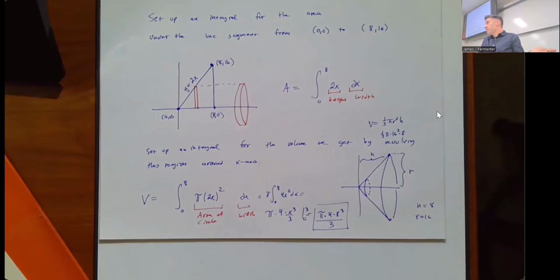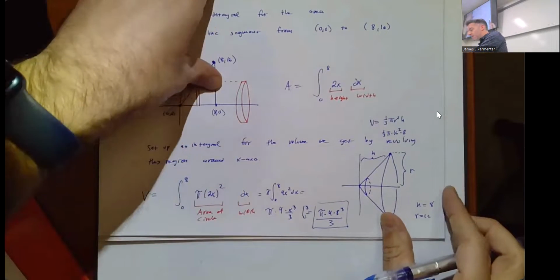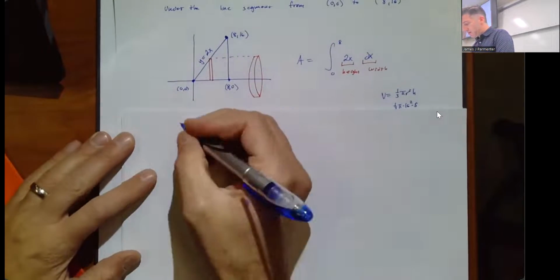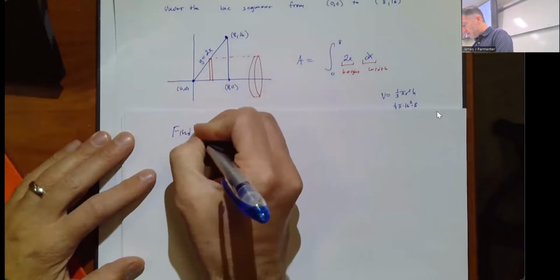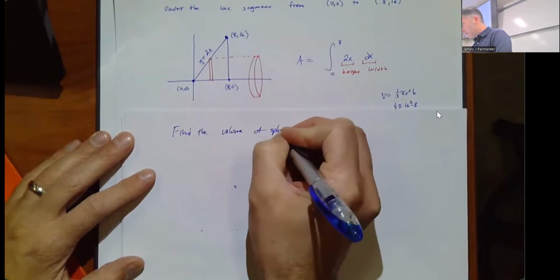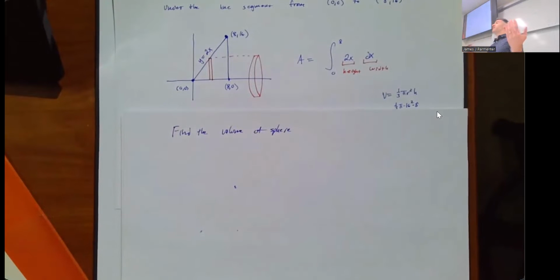It's kind of neat. You can do the same sort of thing to find the volume of a sphere. So let's do that, because it's kind of a question on your homework. So what if I wanted to find the volume of a sphere? Actually, I should really say we're going to set up the integral to find the volume, because if they just said find the volume, you can totally just use the volume equation.